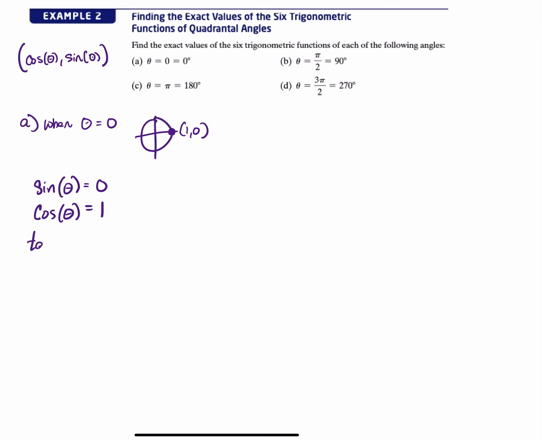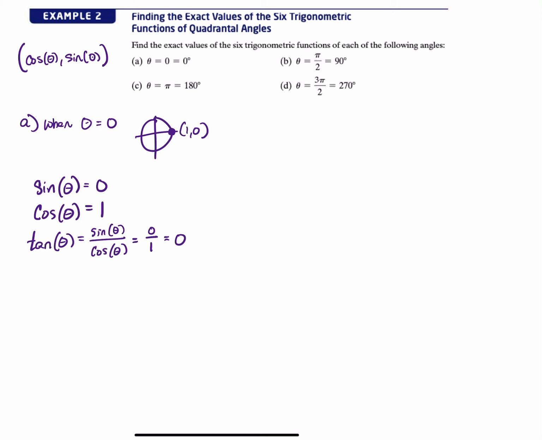And then the tangent, recall that we were able to define this as the sine of theta over cosine of theta. And that's true just in general. So we can take the y-coordinate and divide by the x-coordinate. 0 divided by 1 is 0. So the tangent will be 0 for an angle of 0.